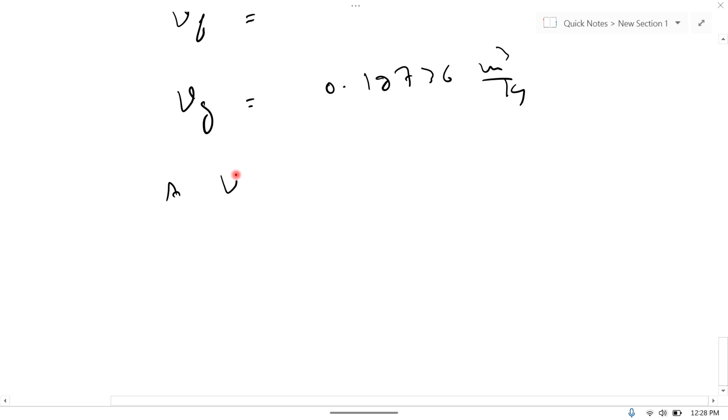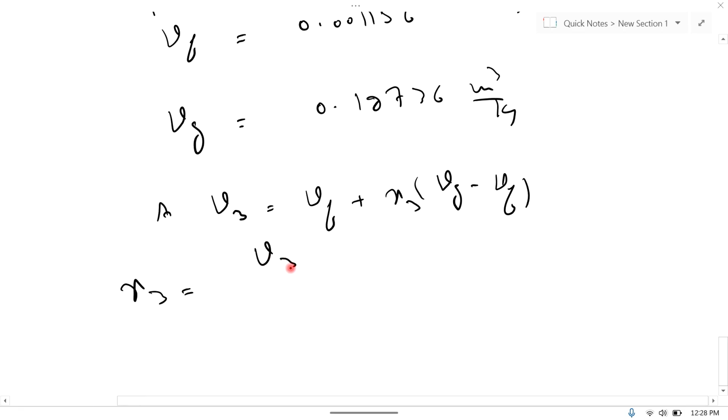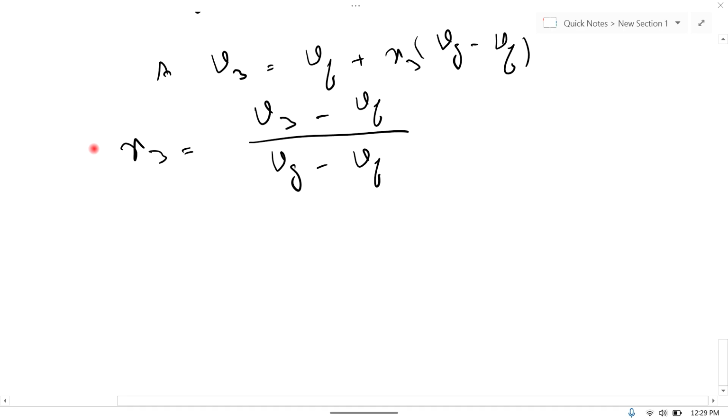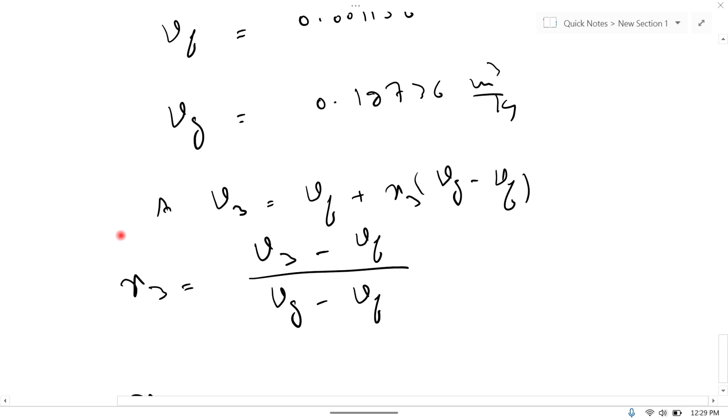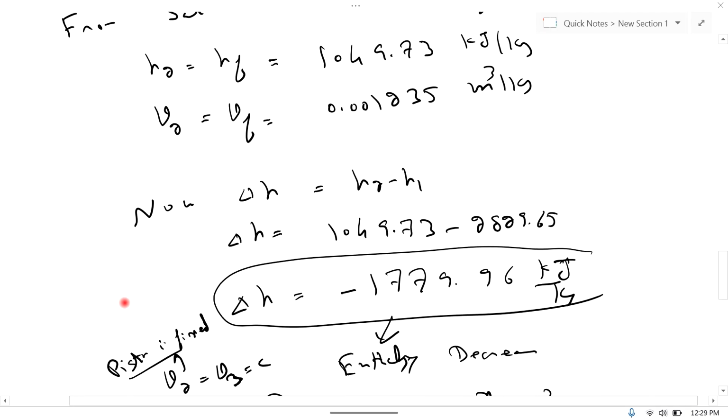As V3 is equal to Vf plus x times Vg minus Vf, x3 is equal to V3 minus Vf divided by Vg minus Vf. The value of V2 is equal to V3 because the piston is fixed, so volume is constant.